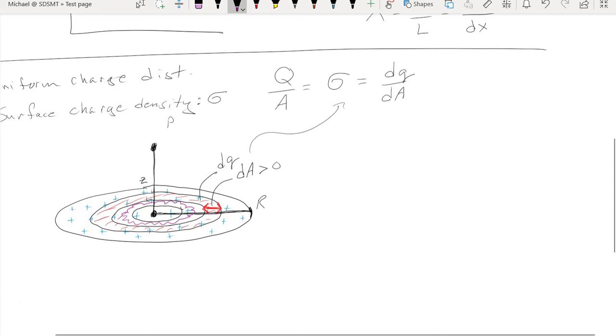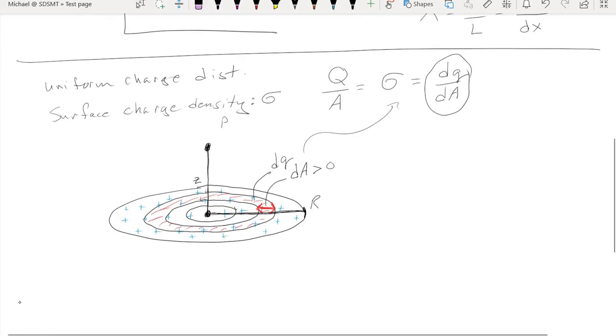But that's okay, because regardless of what ring we're trying to sample, every ring has to have the same ratio of charge per unit area. So every concentric ring that we use will have a different amount of charge and a different area, but the ratio of all of those rings has to be the same. So therein lies the beauty of our uniform charge distribution.